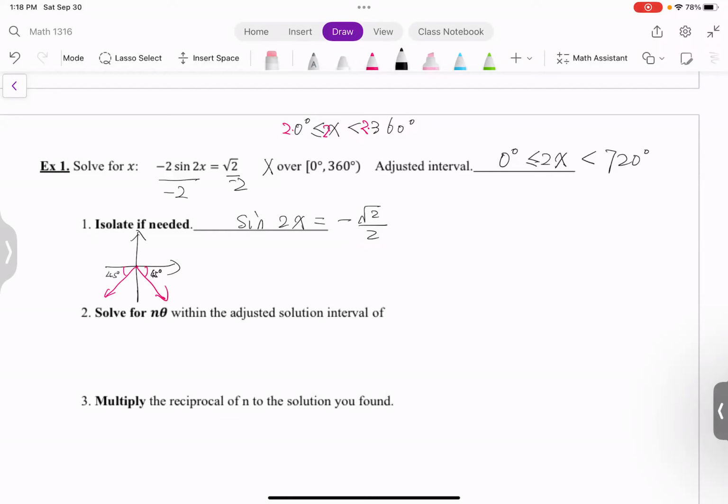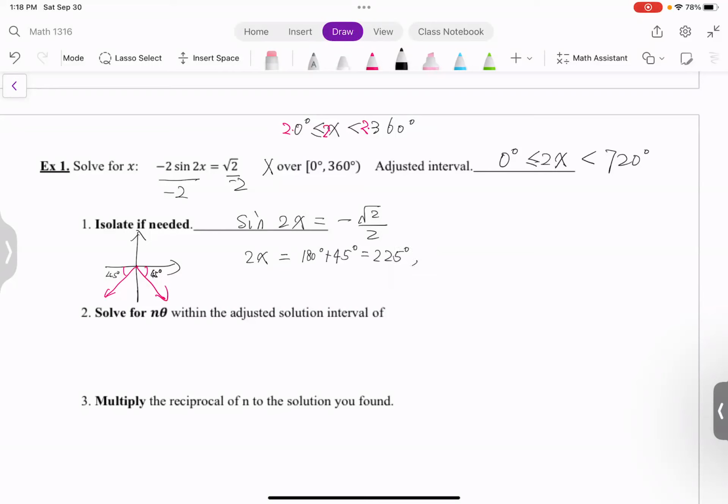And what is the angle of 2x? From the graph, for 1 revolution, 2x equals, in the third quadrant, 180 plus 45, which is 225.